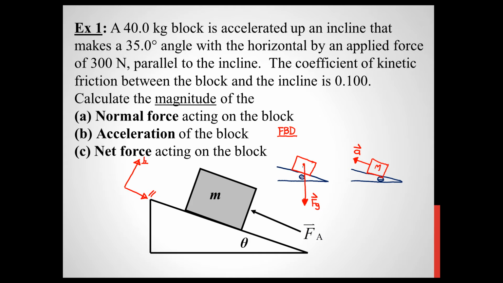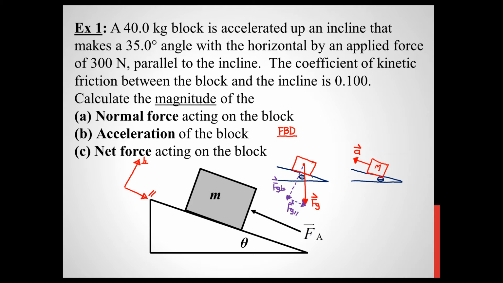I'll draw my perpendicular component first. So this would be F_G perpendicular, and then the parallel component, forming this right angle triangle, would be F_G parallel.